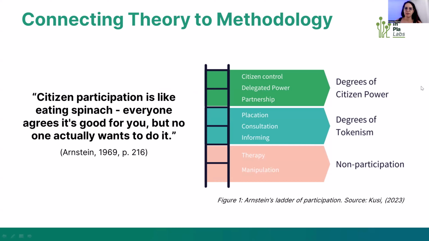So if we are at the first steps of the ladder, it is the place where we are trying to communicate somehow a decision already made. So it's not a level of actual participation.